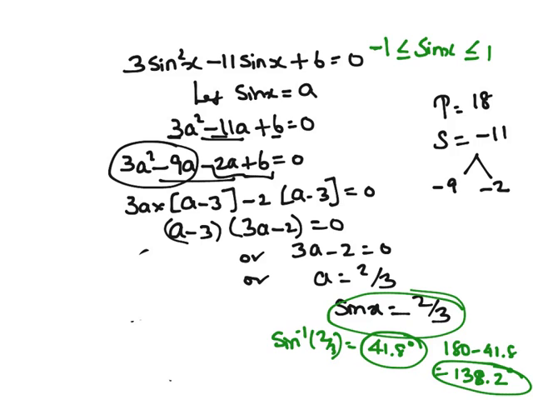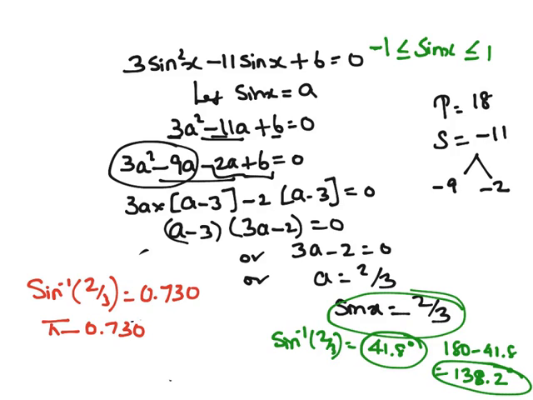Then when you find sine inverse of 2 by 3, you will get 0.730 as the answer, correct to three significant figures. Then for the other angle, please don't subtract this from 180 degrees. Now you have to subtract it from pi. So the other angle is pi minus 0.730.